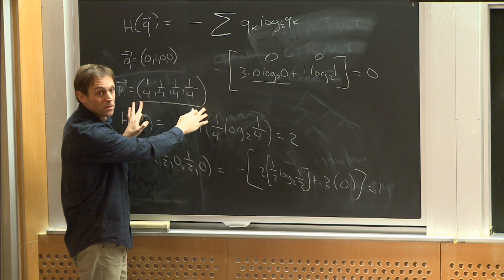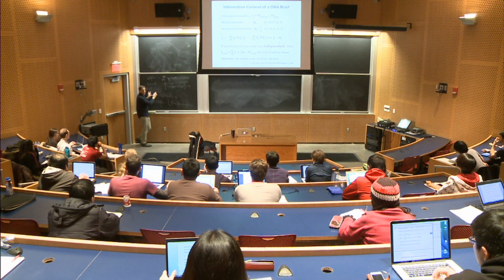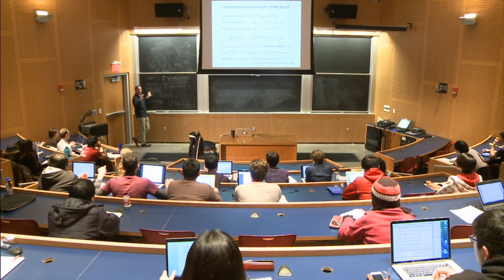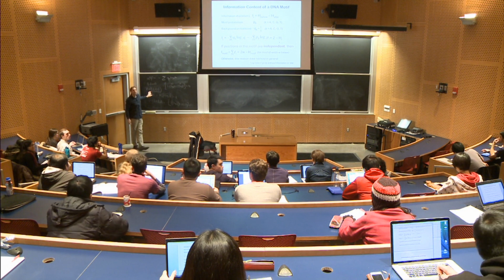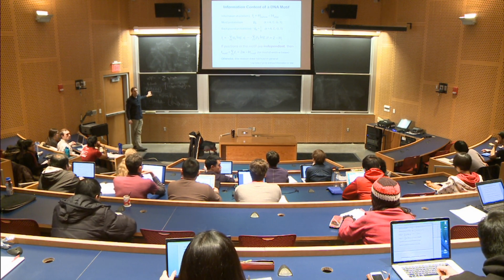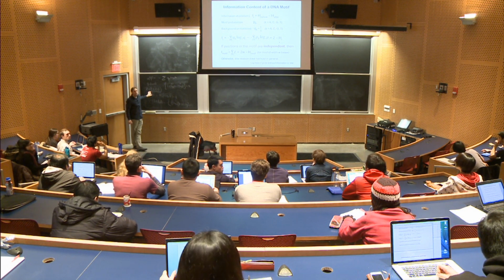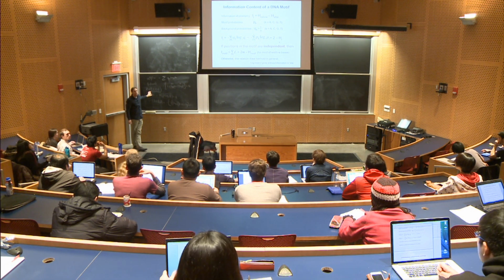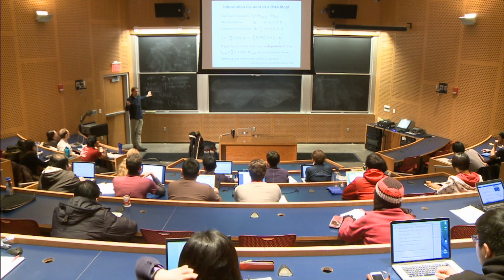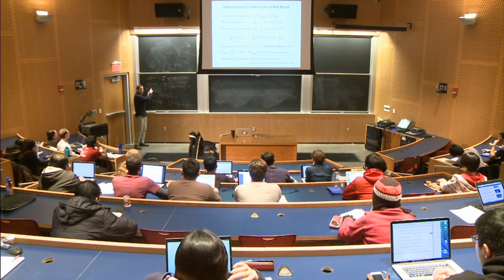It's very degenerate. What is its information content? 0. Why is it 0? Because the entropy of the background is 2, and the entropy of this is also 2. So 2 minus 2 is 0, right?